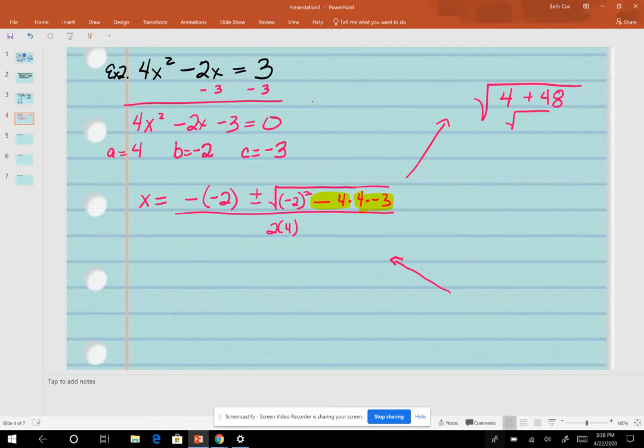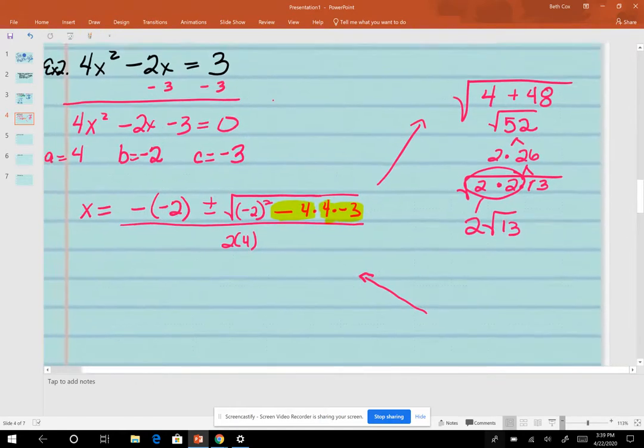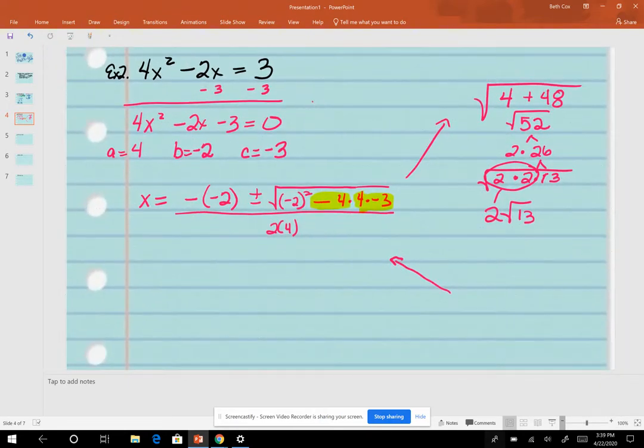So that's the square root of 52. I have to simplify this. This will be 2 times 26, which is 2 times 13. The 2's get out, and the 13 stays in. So 2 square root of 13. Now that's all the way.